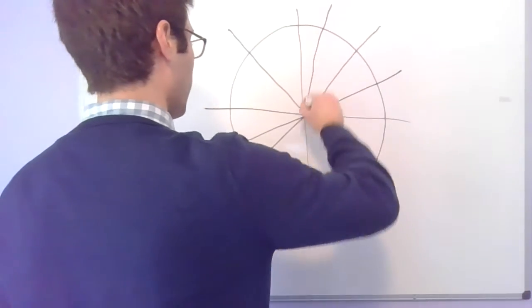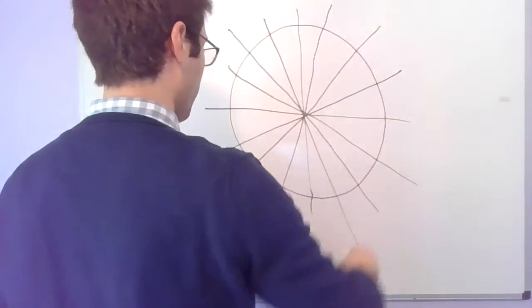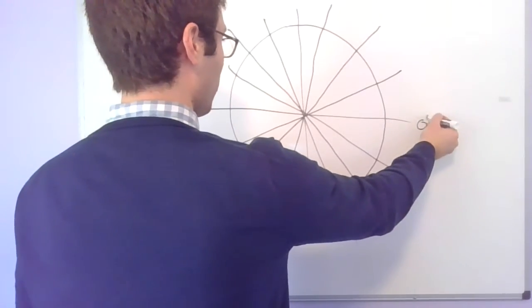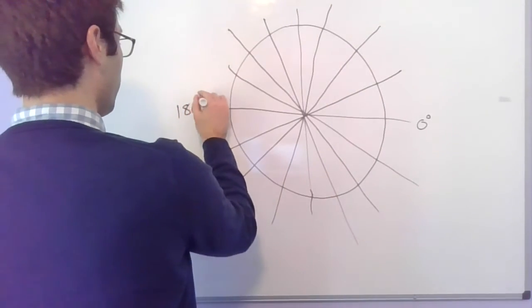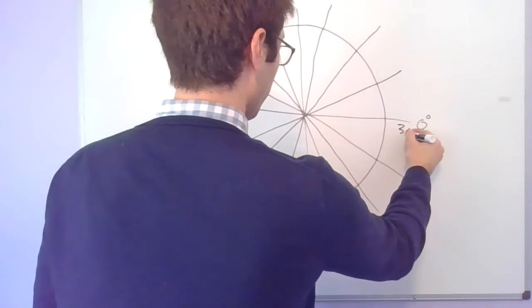It's split in half here, here, and then here. And what you want to notice about this thing is that here's 0 degrees, here's 90 degrees, here's 180, here's 270, and here is 360.